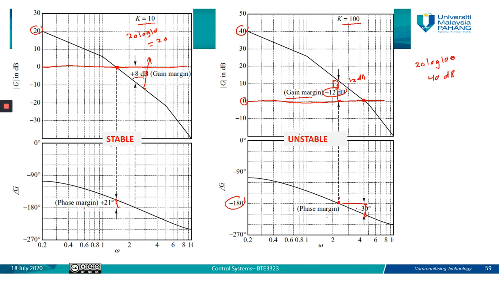This difference gives the phase margin, which is also negative 30. So both gain margin and phase margin are negative, so our system will be unstable. Okay, so this is how to use the gain margin and phase margin in order to investigate the system stability.